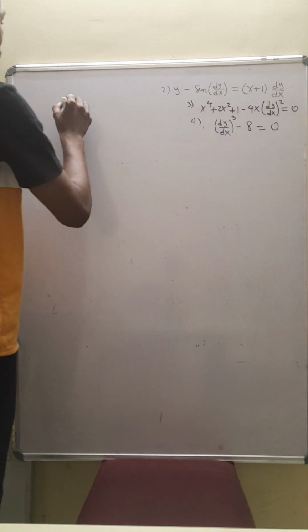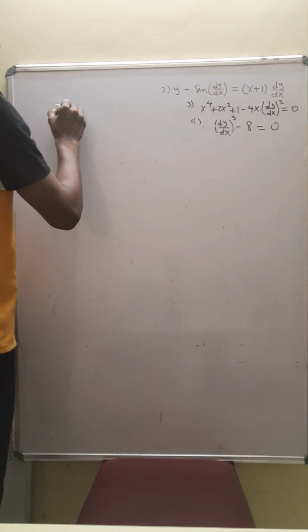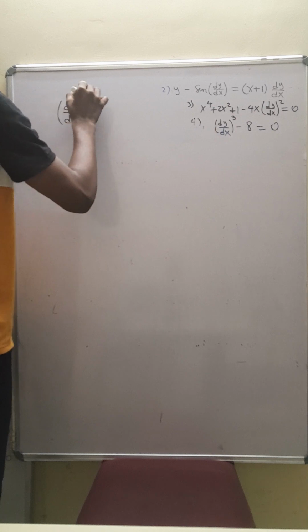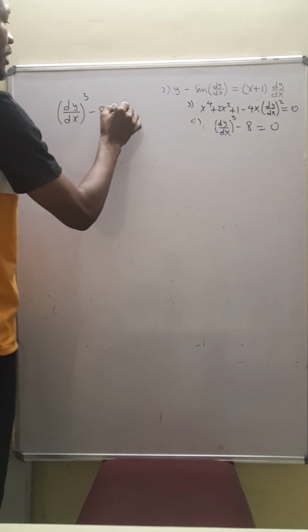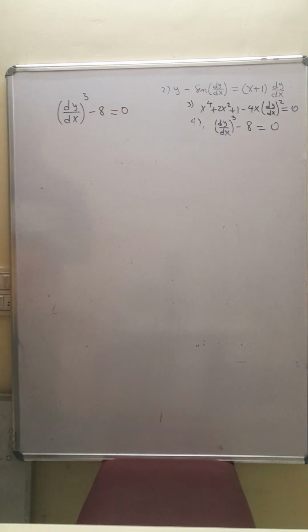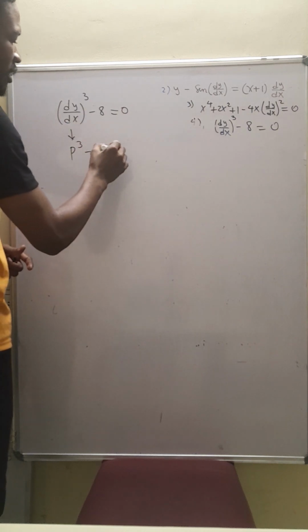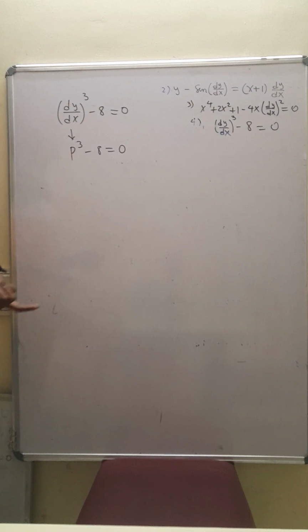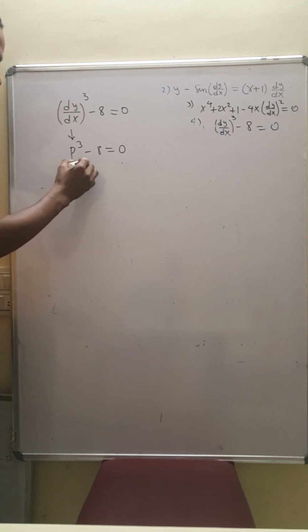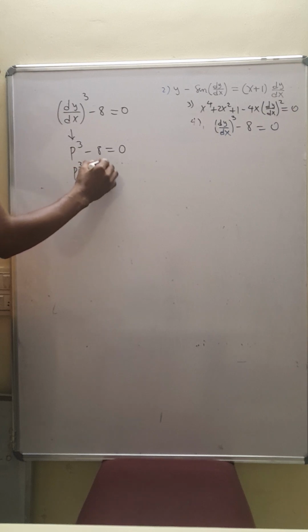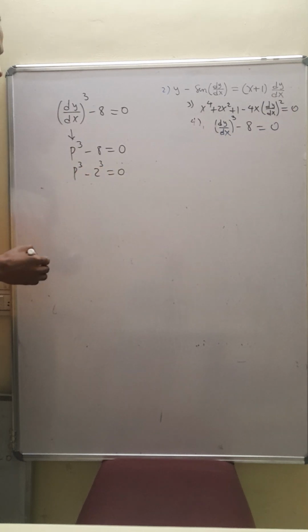For this last exercise, it is (dy/dx)³ − 8 = 0. So what should we do for this exercise? First substitute p here: p³ − 8 = 0, which means p³ − 2³ = 0. Solve for p.